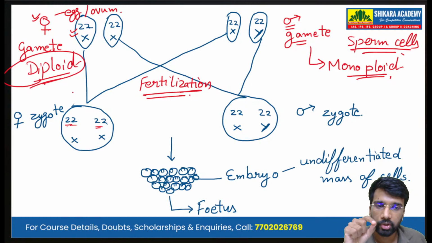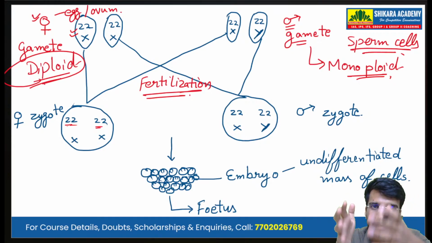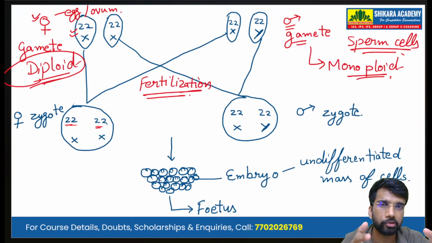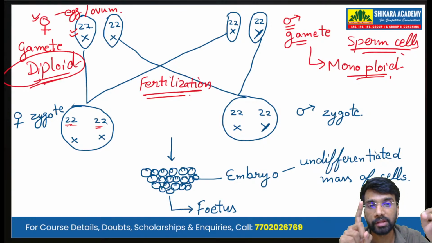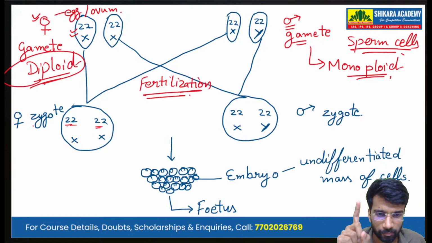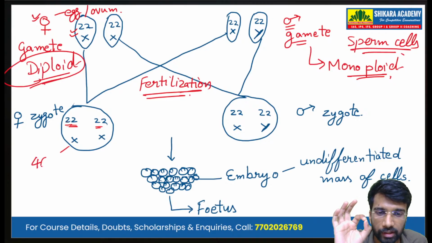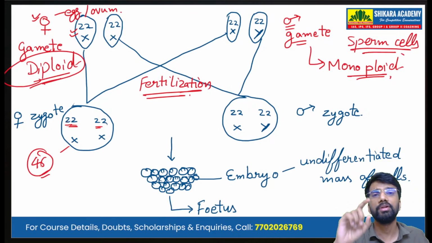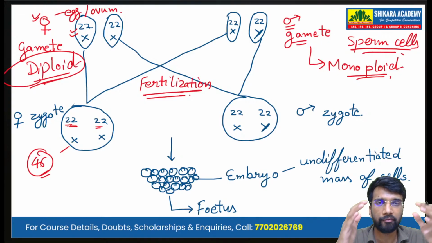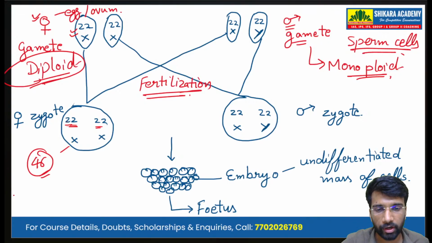That is 22 autosomes and one sex chromosome coming from the female gamete, and 22 autosomes and one sex chromosome coming from the male gamete. So we say that here we have 44 autosomes and two sex chromosomes, so a total of 46 chromosomes. The zygote that is formed after the fertilization is diploid.